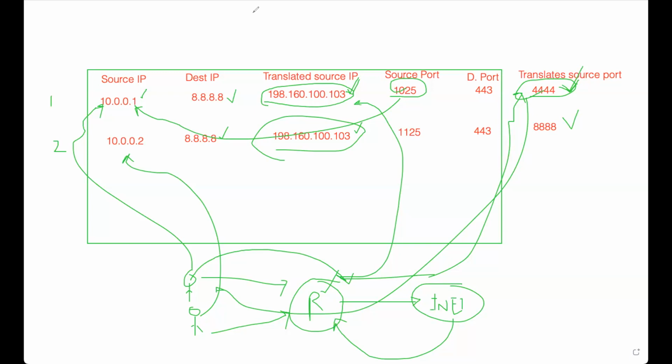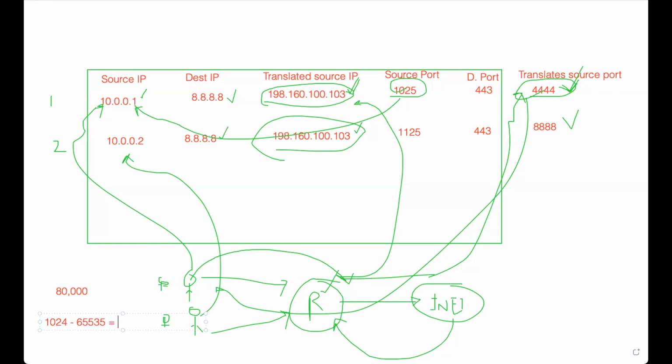So let's say these users got incremented. Now I have, let's say, 80,000 users. But how many available ports do I have, guys? 1024 to 65535.